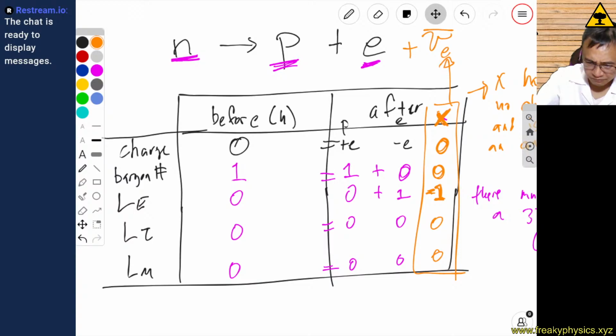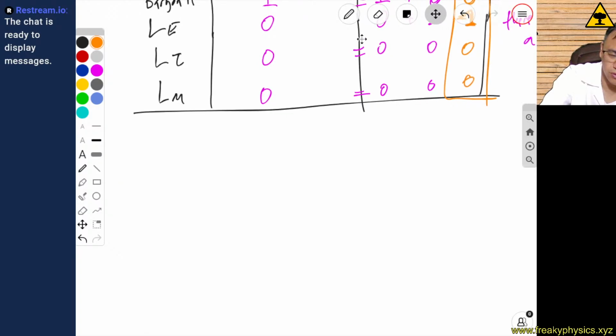Okay, so let's do another quick one. What's another common reaction that we could use? Let me think. Okay, so let's do this particular reaction.